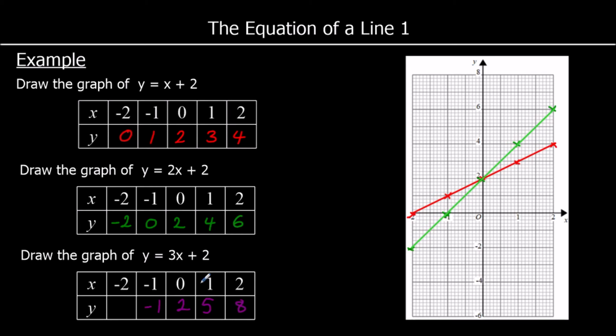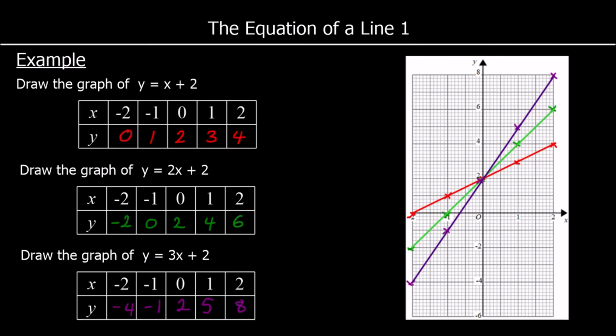And 3 negative 2's are negative 6. Negative 6 plus 2 is negative 4. So we've got negative 2, negative 4, negative 1, negative 1, 0, 2, 1, 5, and 2, 8. And again, we can join these up with a straight line. And that is our graph.